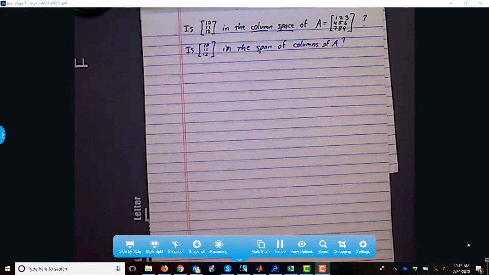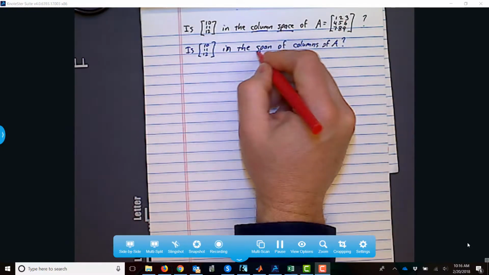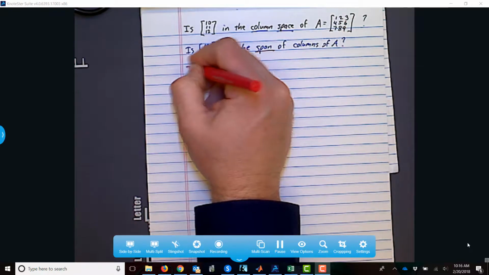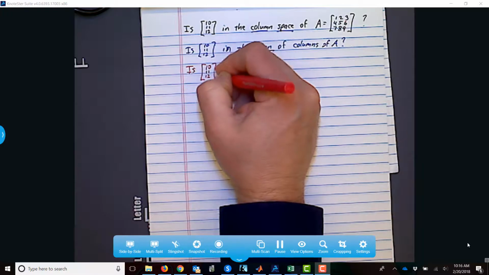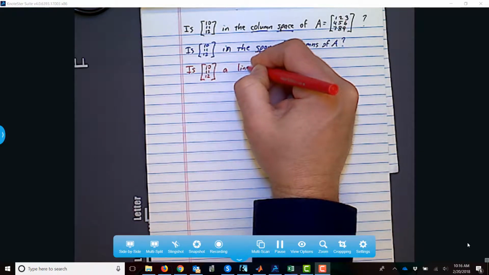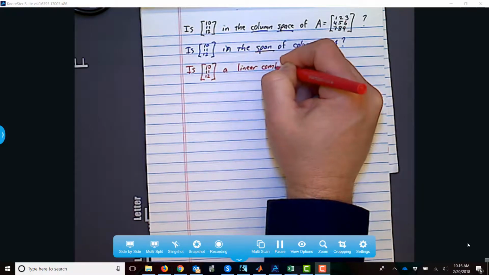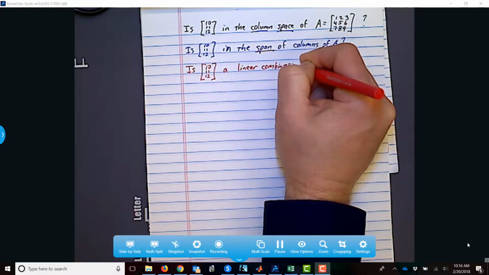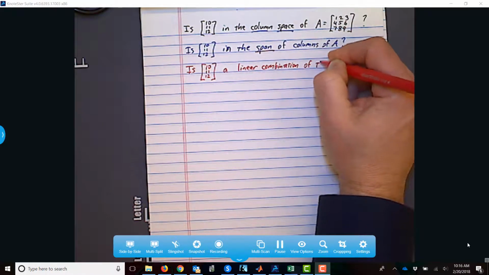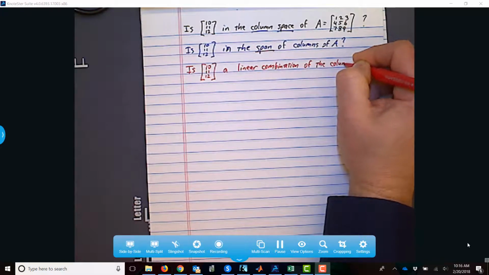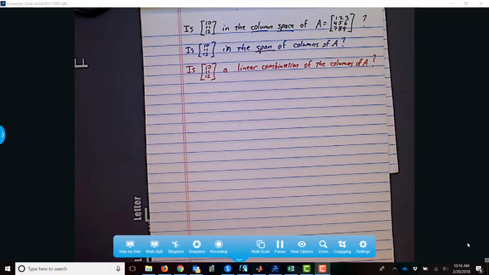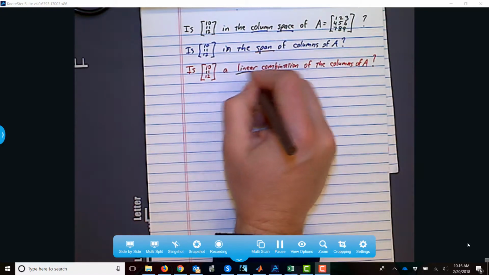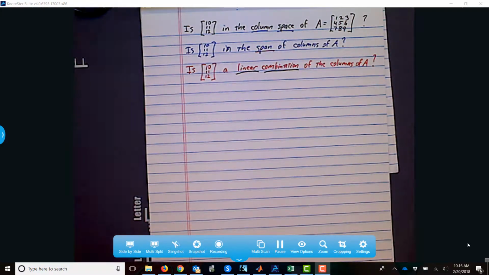And then because I know what it means to be span, right? Really what I'm asking is, is 10, 11, 12 a linear combination of the columns of A? I mean, it's amazing how much of a foreign language this class is, right?